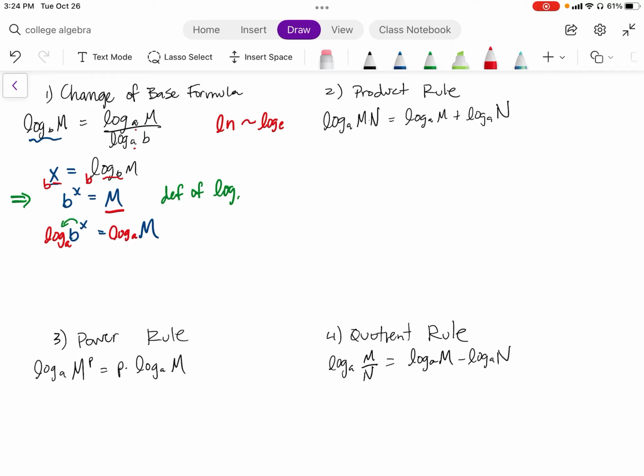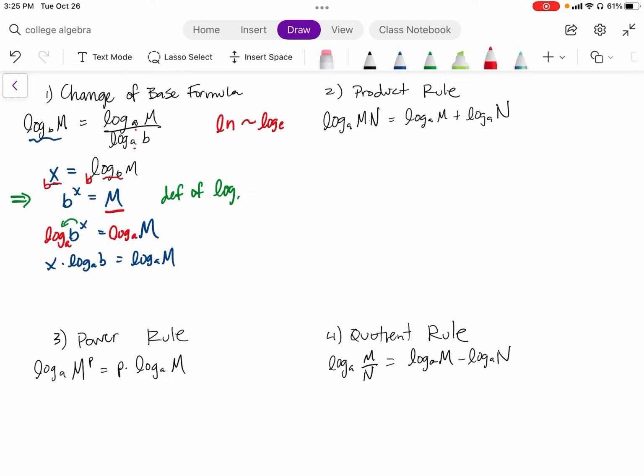But anyways, log a on both sides. Then we could bring down this x times log base a of b, and the log base a of m. Well, we're about complete here.